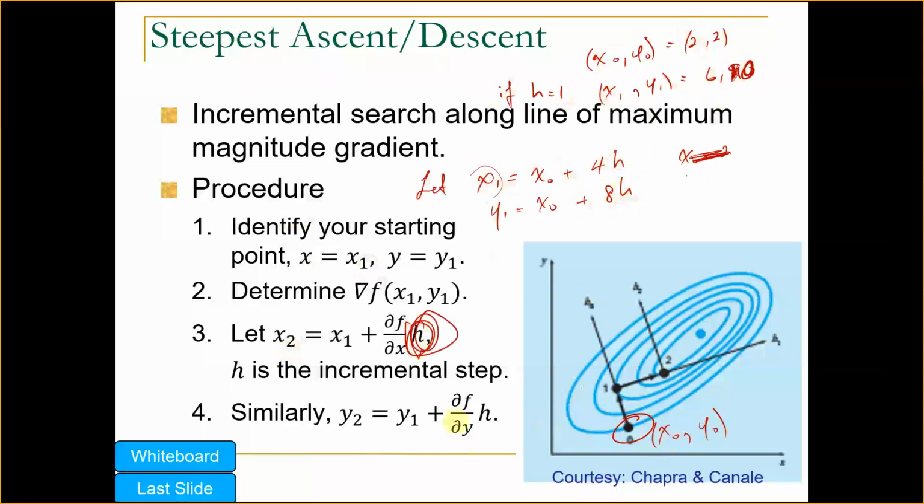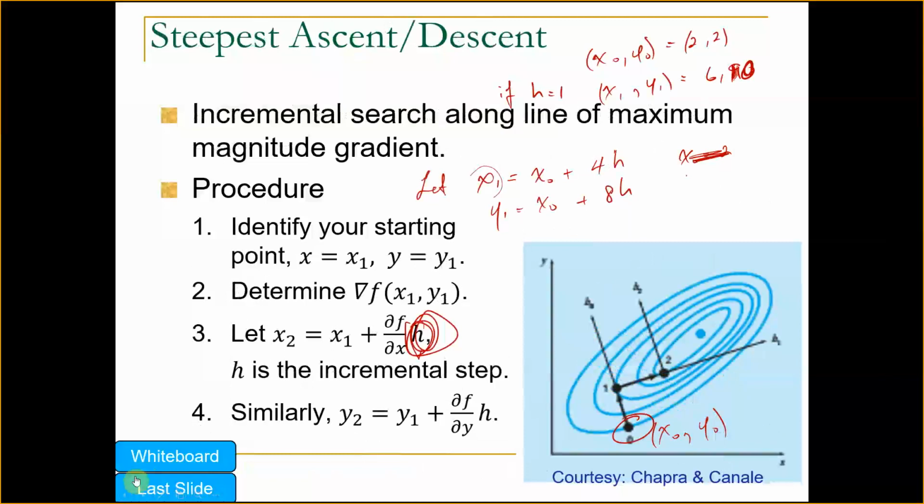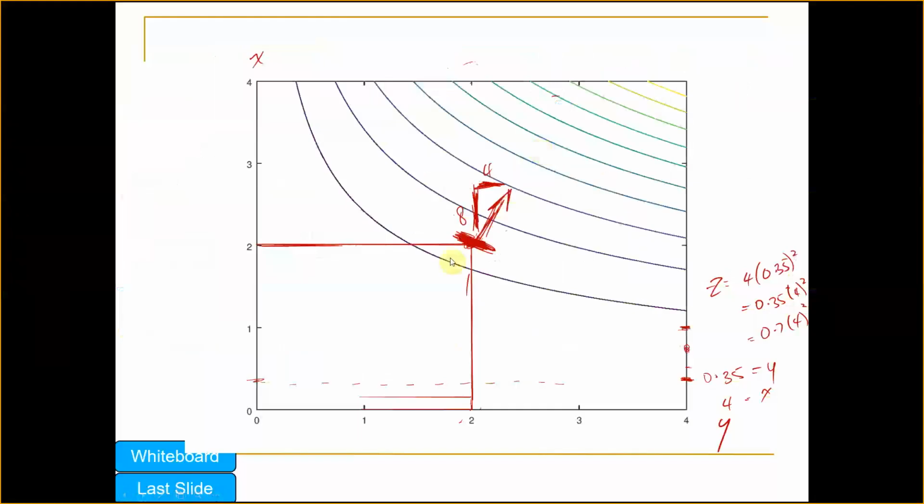So, going back to the diagram, it's going to go from 2, 2, and you'll jump all the way to 6, 10, which is not on this plot, but it'll be somewhere up here.